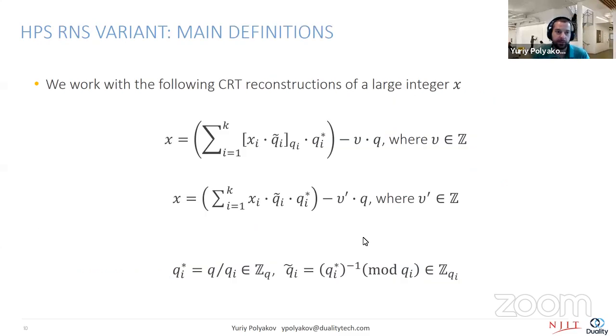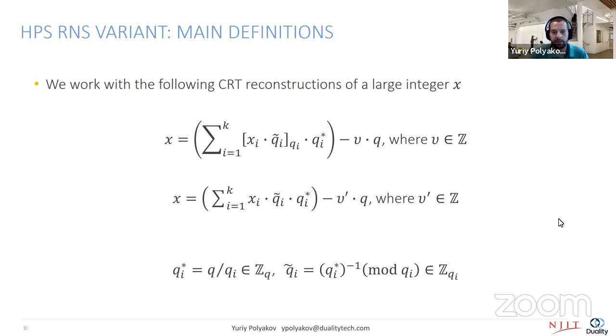So the HPS RNS variant, the high-level idea, in my opinion, is relatively simple. We'll look at the actual CRT representation of a large number, so large integer x in this case. And we just basically write the regular CRT reconstruction as we're used to.